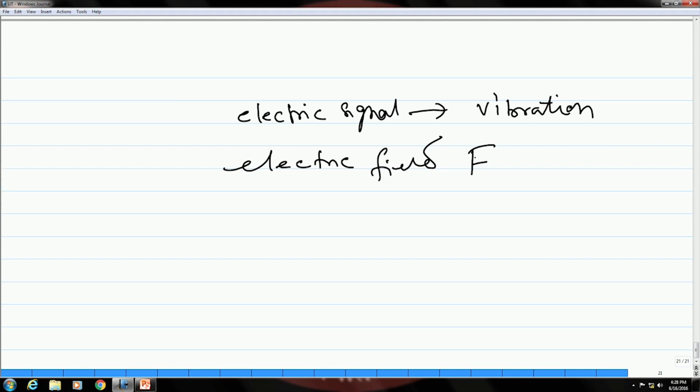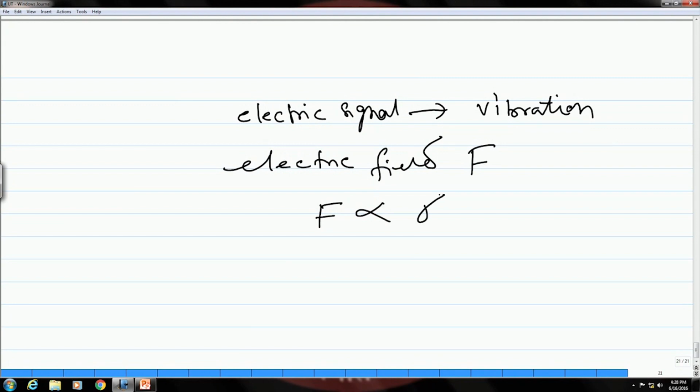So, with respect to this electric field, mechanical stresses will be generated, and if the mechanical stress is sigma, then it will be proportional to the electric field being applied.